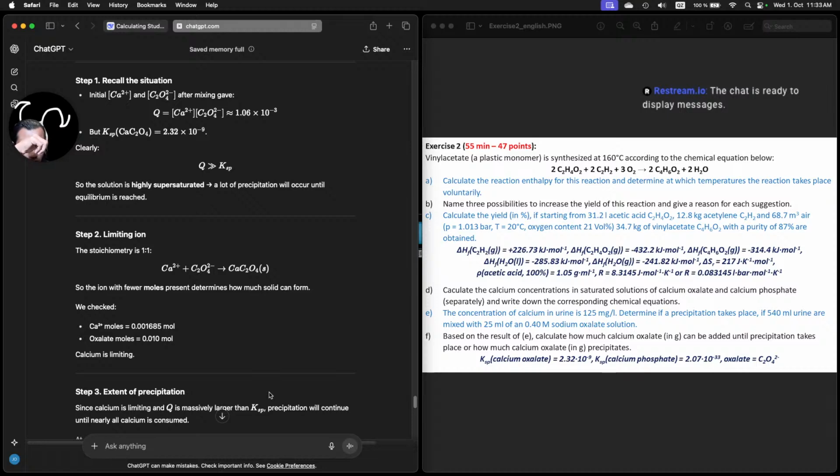How much was the initial number of moles of calcium? What were those answers? 1.68 times 10 raised to minus 3.